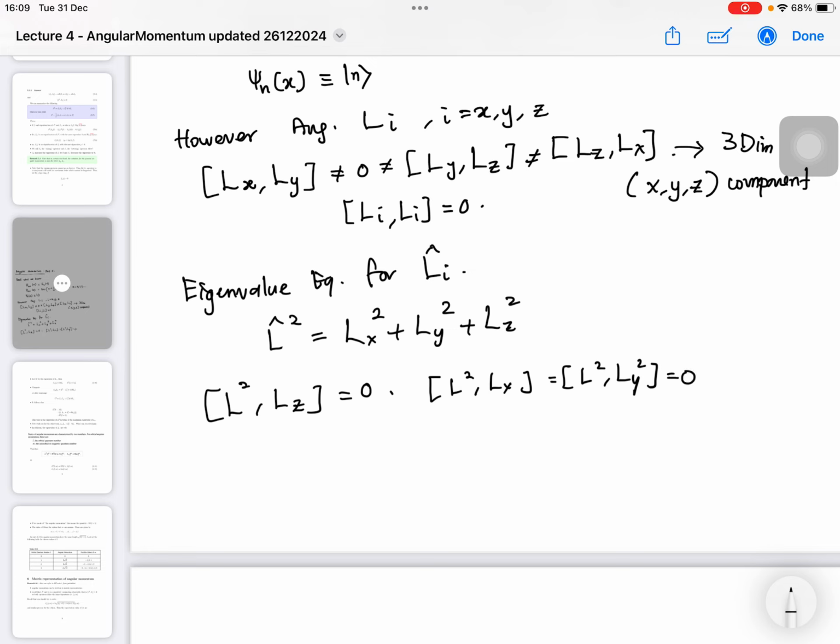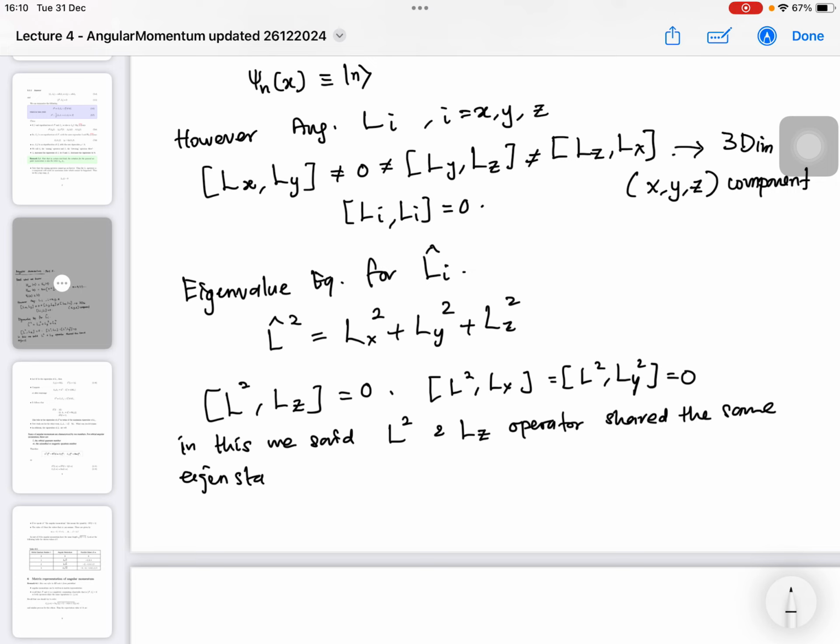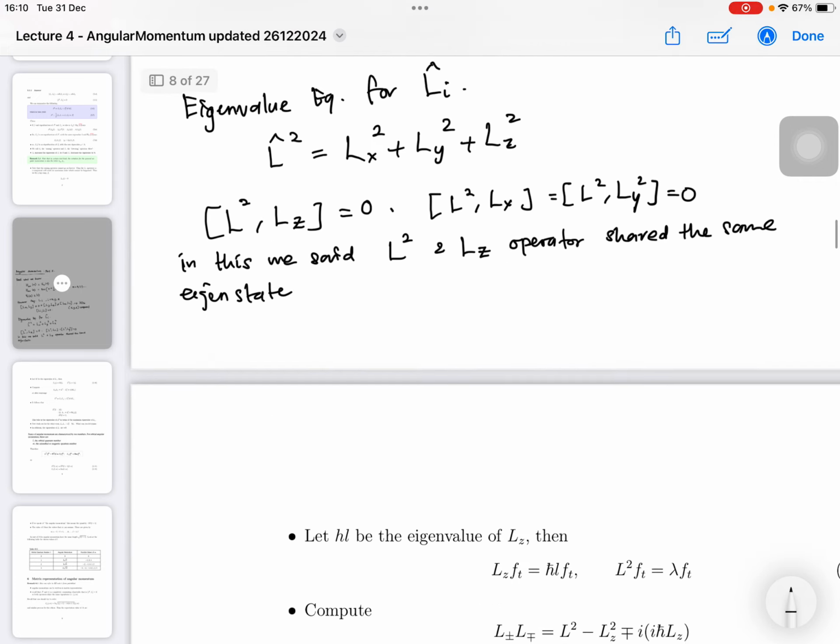In this case, we said L squared and the Lz operator share the same eigenstate. So what does this mean?